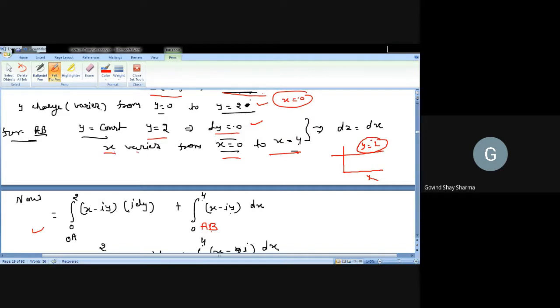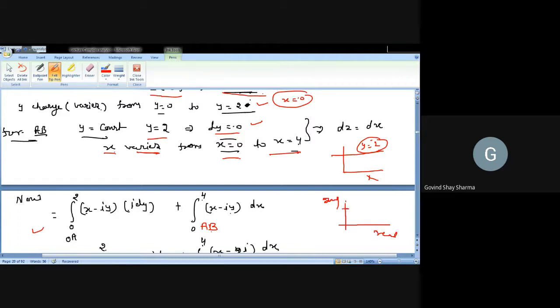Now x varies from 0 to 4. This is our y-axis, the imaginary axis, and this is our real axis.